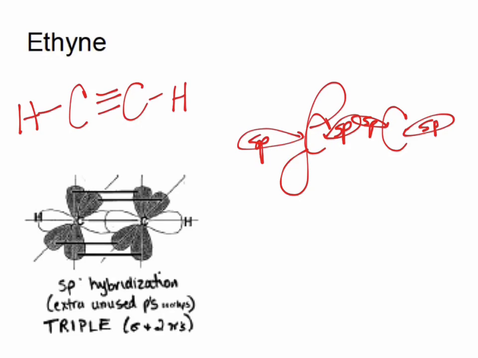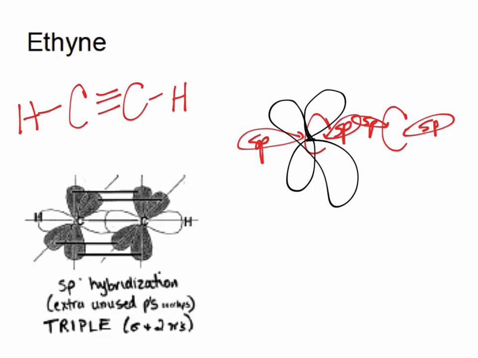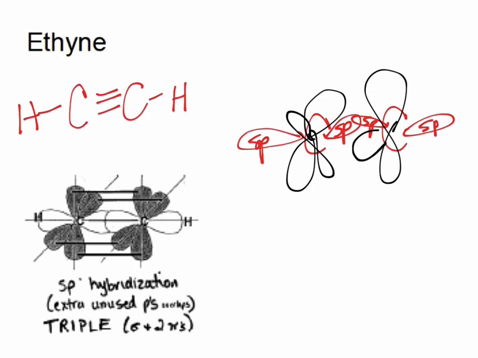I guess I could draw that in a different color. We have this p orbital and this p orbital, and then on the other C we have a p orbital and a p orbital. And then what happens is you've got this overlap of these. That's your 1st pi bond.